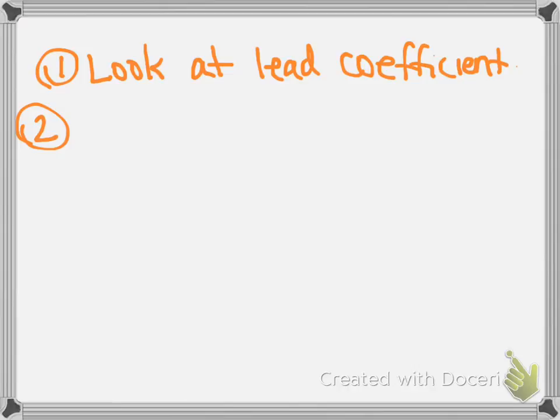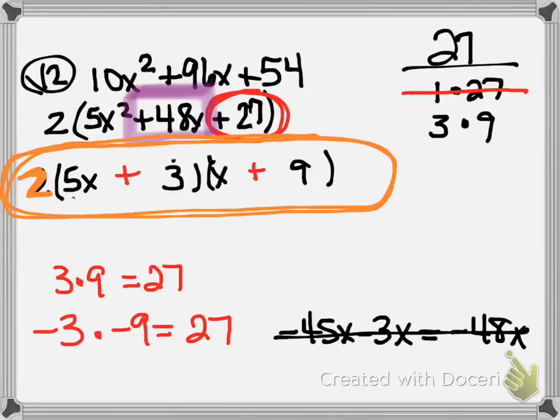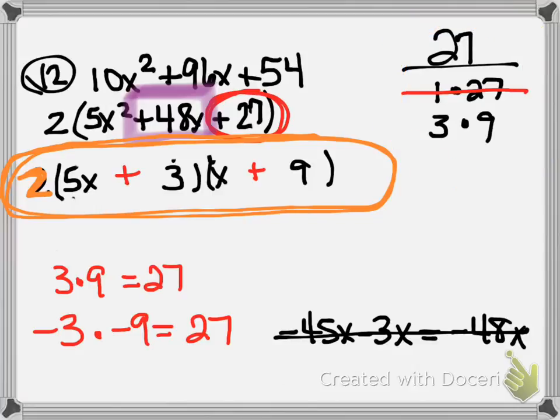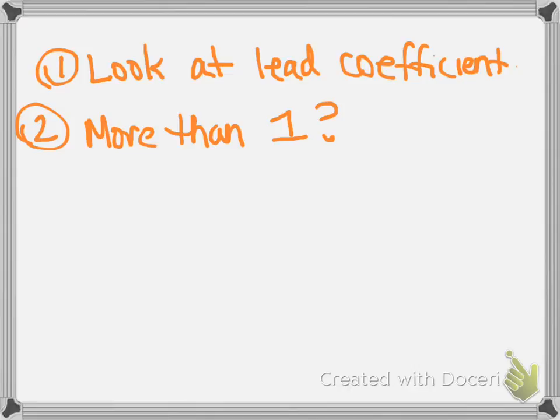But if it's more than 1, try to find something common and factor that out, just like we did with the 2 on that one. Because you want smaller coefficients, so that you have less choices over here, and less parentheses you have to check to see if they make the winning combination.